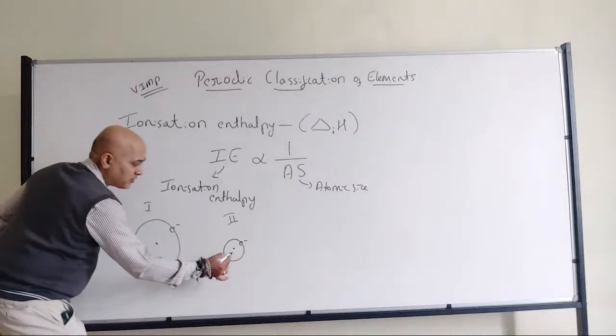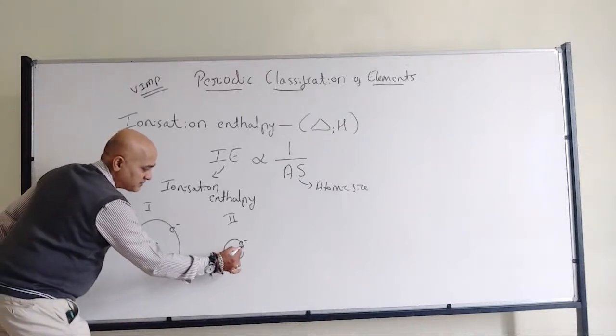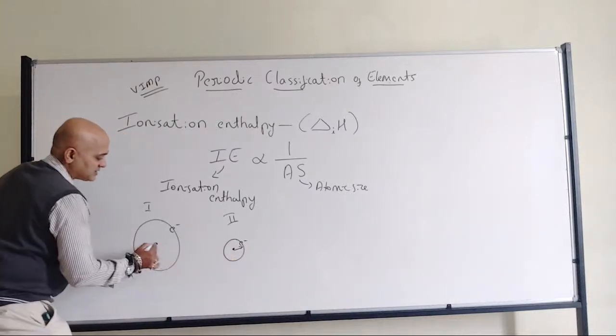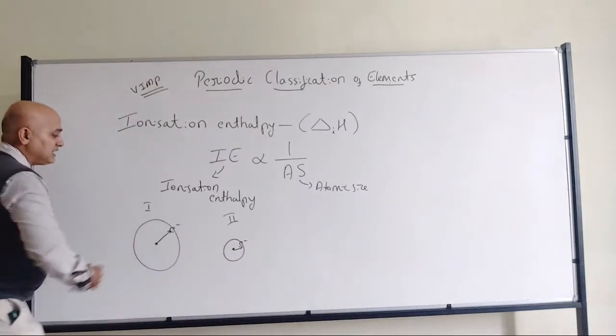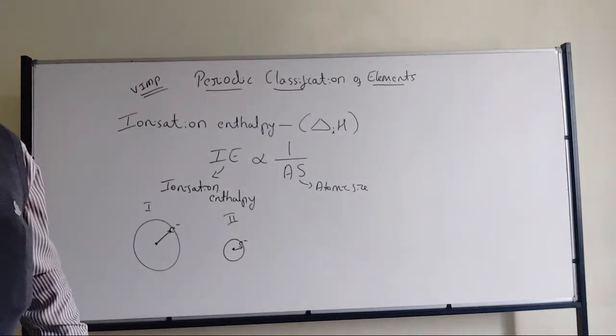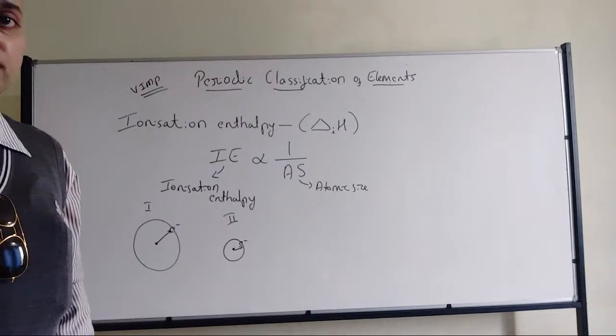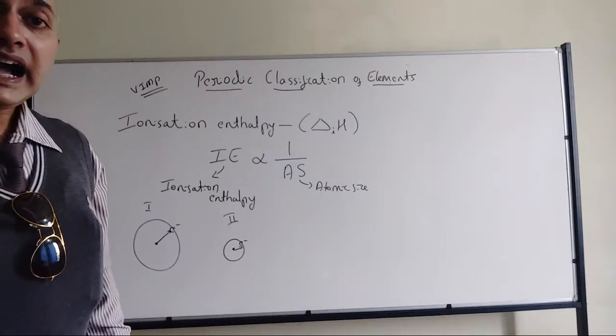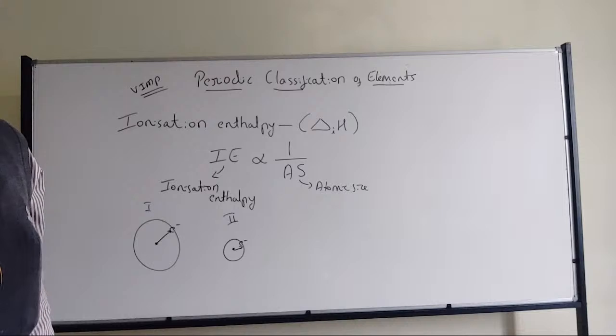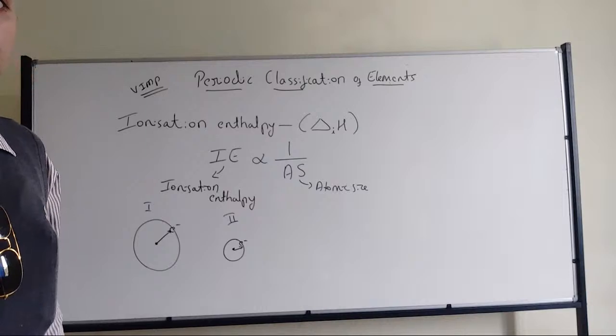We can easily find it out. This is the nucleus, and this is the electron and nucleus distance. Now, as the electrons are far from the nucleus, they will feel less nuclear force acting on them.